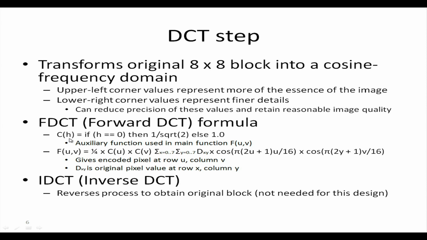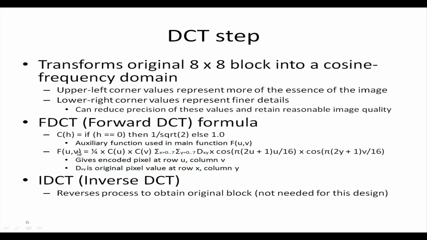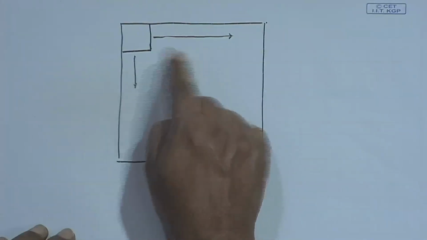Many of you might know the discrete cosine transform. So, C(h) is basically a basis function: if h is 0, then C(h) becomes 1 by root 2, otherwise it is 1. Now, this function is used for F(u,v), where u and v are the 2 indices in the 2-dimensional image.